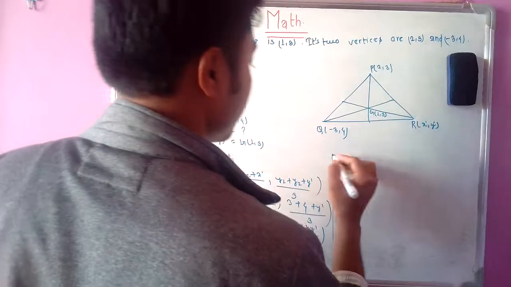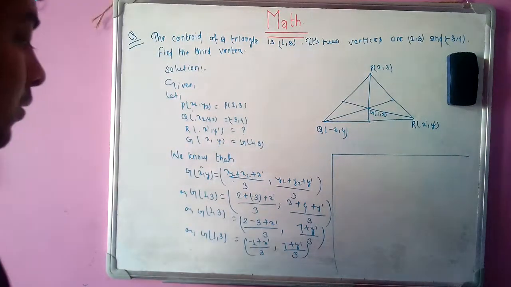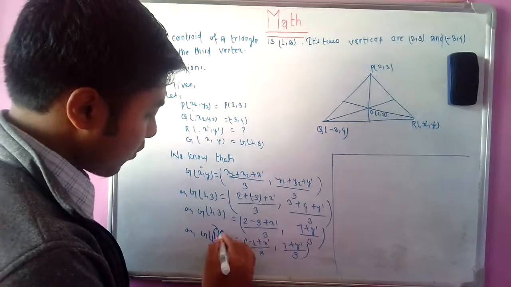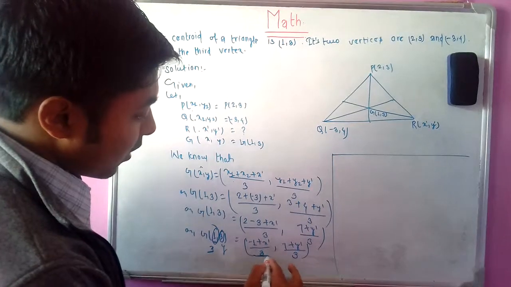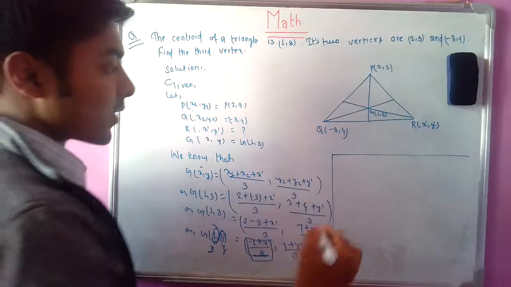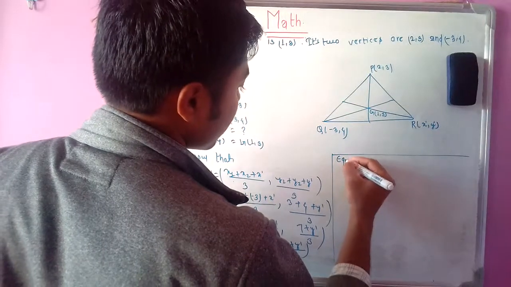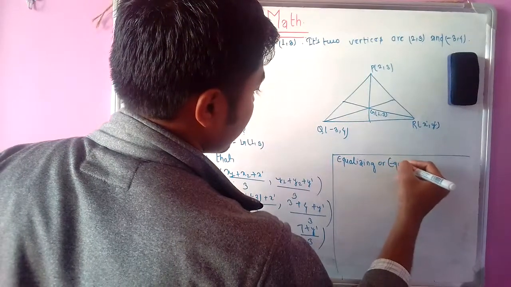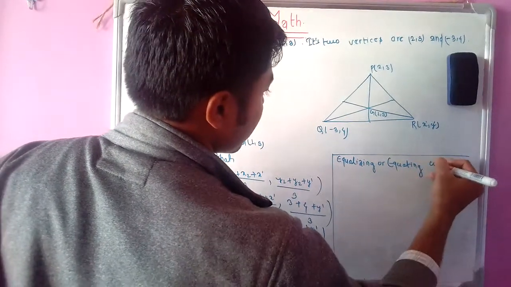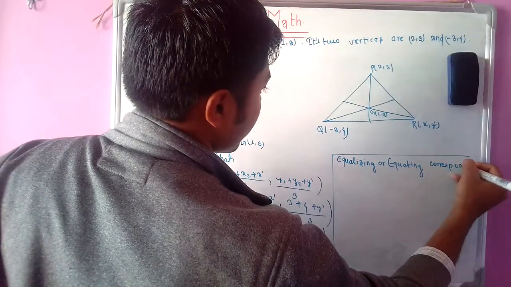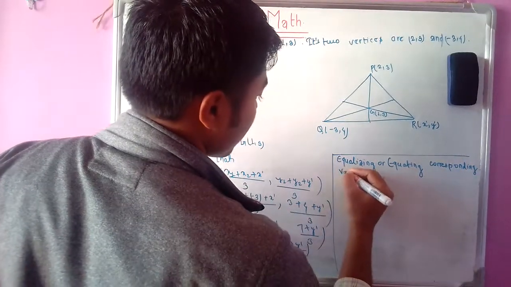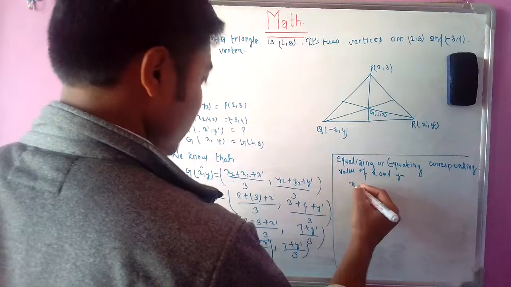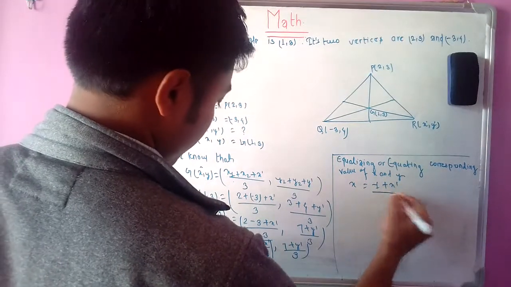So now what we will do is equate the corresponding values of x and y. This is x and this is y. So x equals 1, which is (-1 + x bar) by 3.